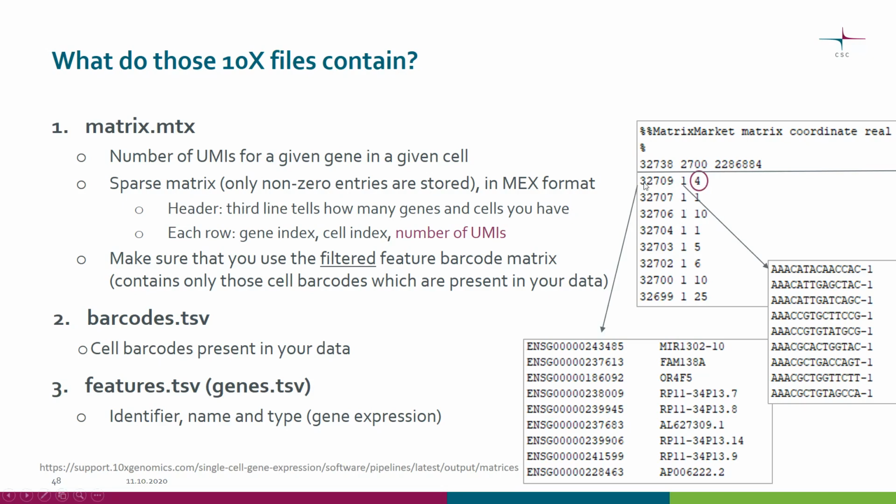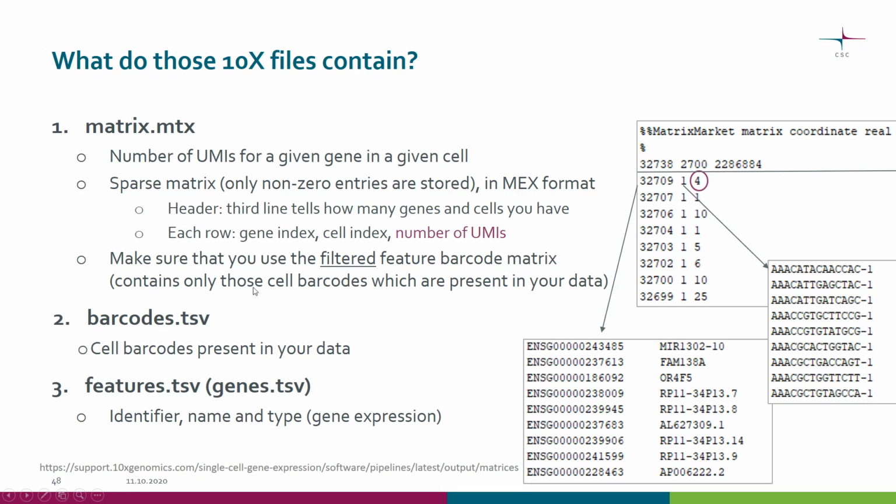Then if we continue on this line, first we had the index of the gene, then we have the index of the cell. So we go to the barcode file and check there what cell this corresponds to. And then finally, we have the number of UMIs. This number tells how many transcripts we detected for this gene in this cell.